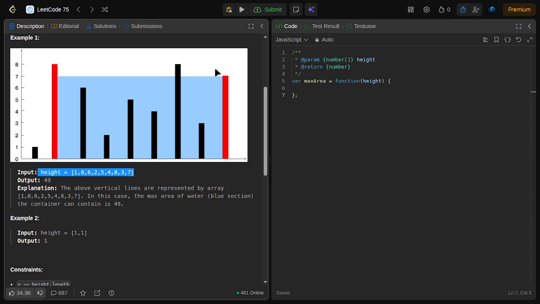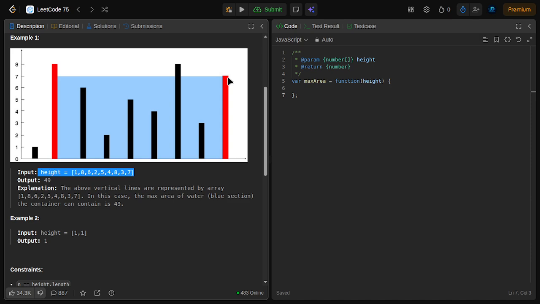Calculate the area each time and update the maximum area, and move the pointer with the smaller height toward the other. Why? Because the smaller height is limiting the water, so we try to find a bigger one. That's why we move the pointers based on the smaller height.